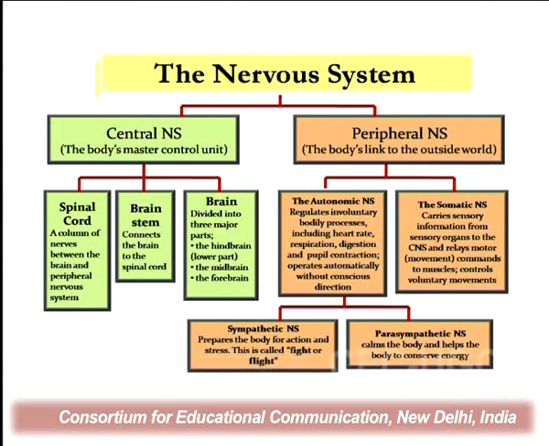And then the peripheral nervous system is further divided into the autonomic nervous system and the somatic nervous system. We have learned these systems in this lecture in great detail. The autonomic nervous system is divided into the sympathetic nervous system and parasympathetic nervous system. The somatic nervous system is also divided into motor and sensory nerves.